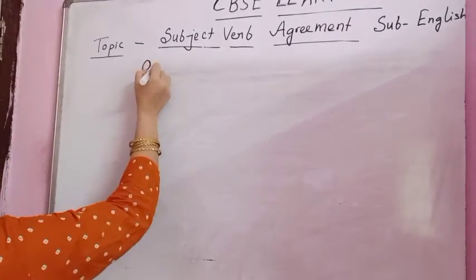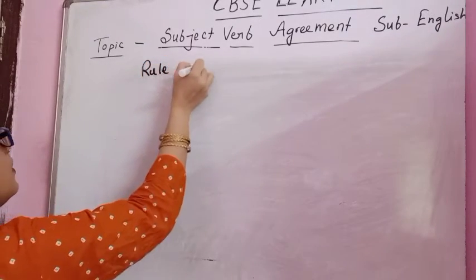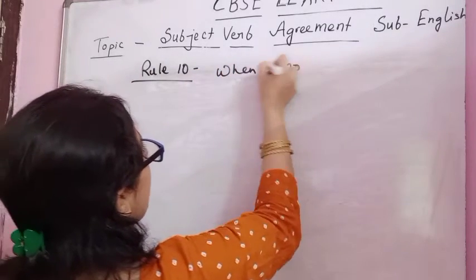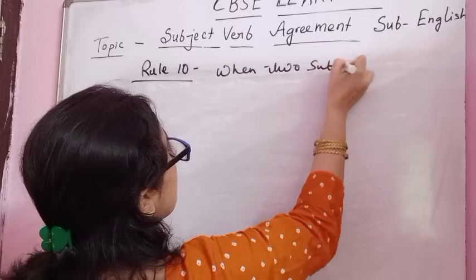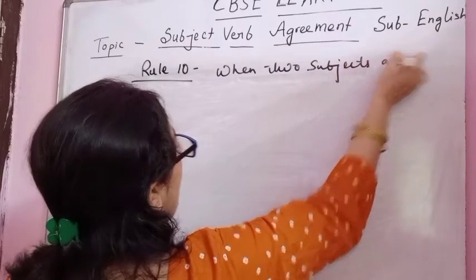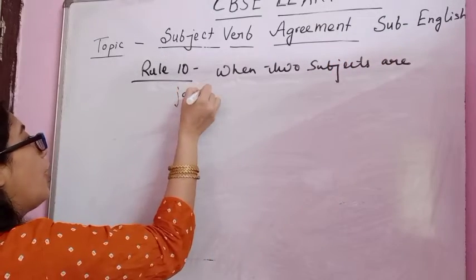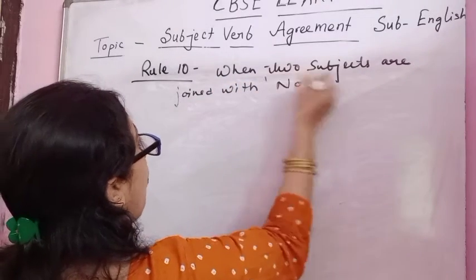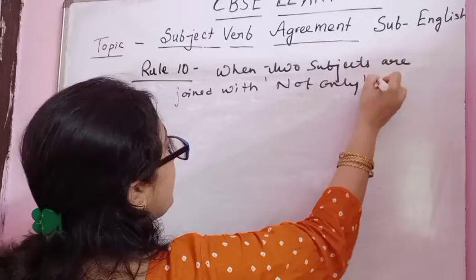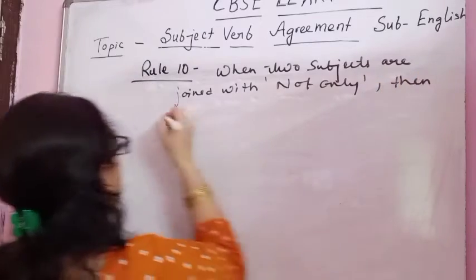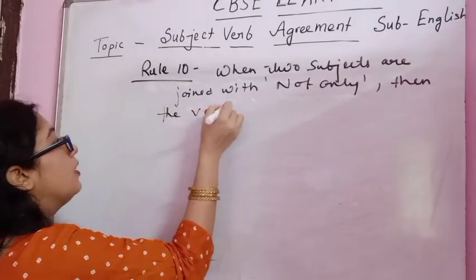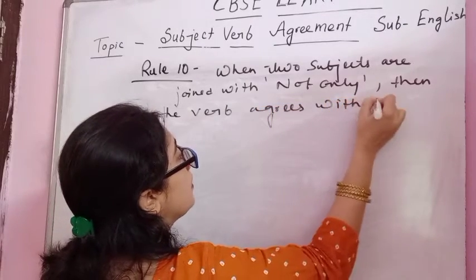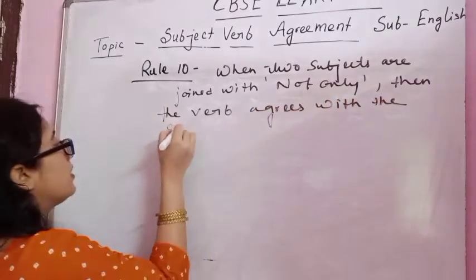Now next comes rule 10. Rule 10. When two subjects are joined with "not only," then the verb agrees with the second subject.